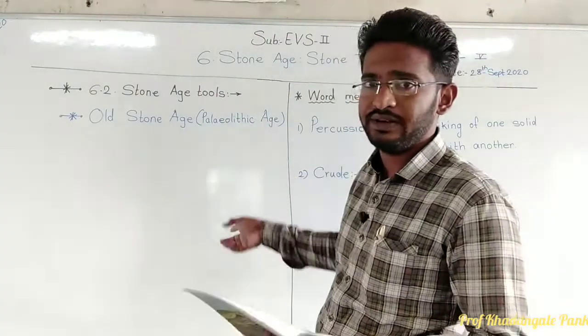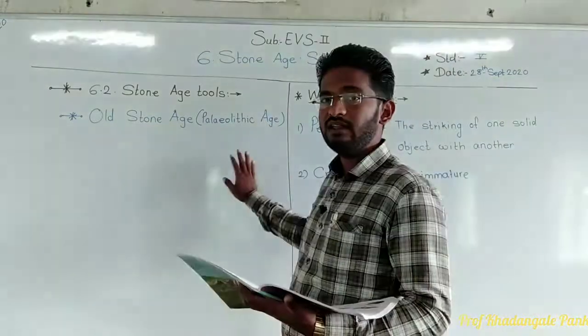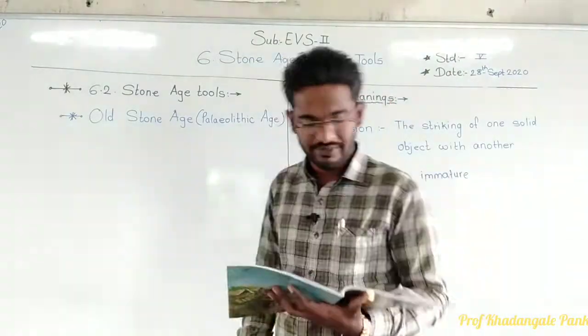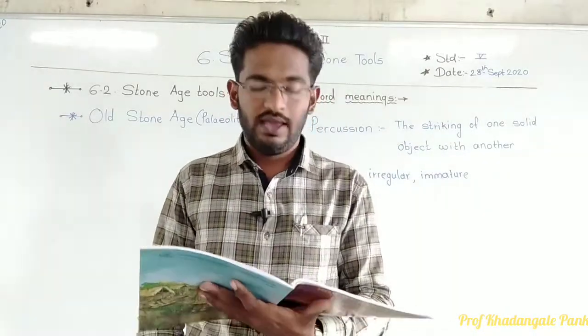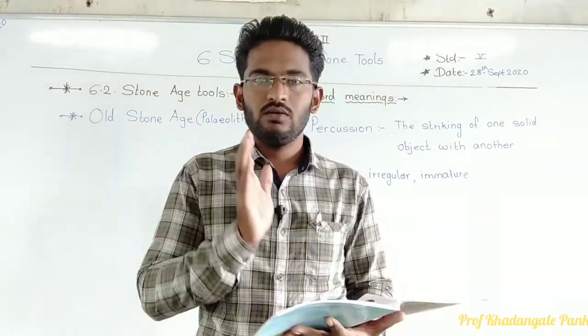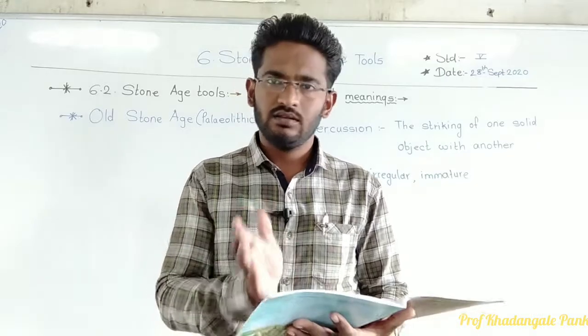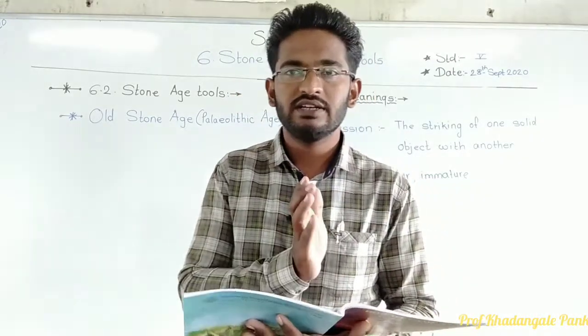That day I told you, symmetrical means both the parts are the same. Then the choppers made by Homo habilis, whatever Homo habilis made, Homo erectus made a little bit of improvement in it.